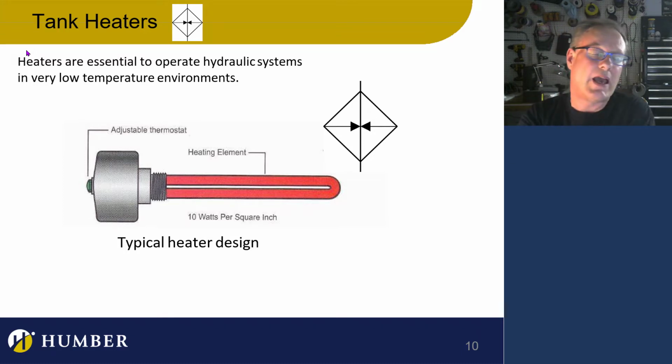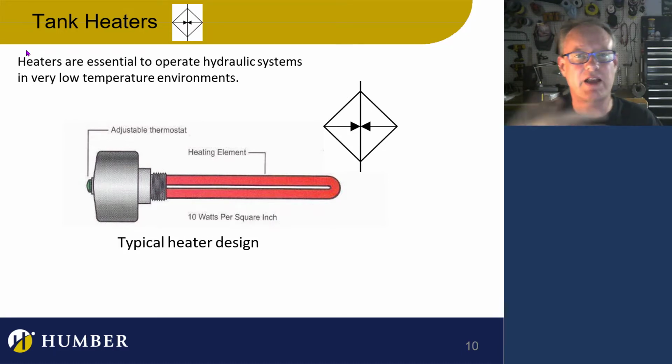And the best way ultimately to heat up your fluid, if it's really cold and you've turned the heater on and let it warm up the fluid, is just to run the machinery at a light load continuously for a few minutes, and that's going to warm the fluid up because it's going to circulate the fluid.